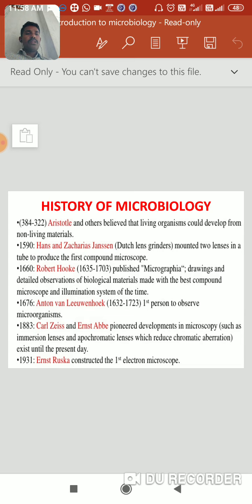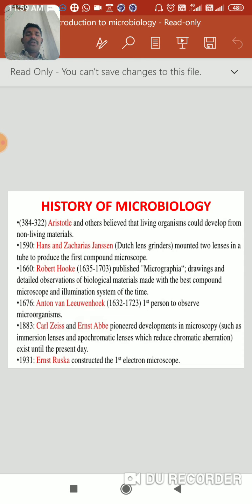He named these microbes animalcules. Later, in 1828, Ehrenberg named them bacterium, meaning small stick. The virus was first discovered by Dmitri Ivanovsky in 1892.